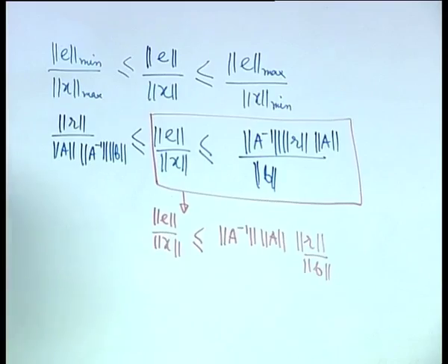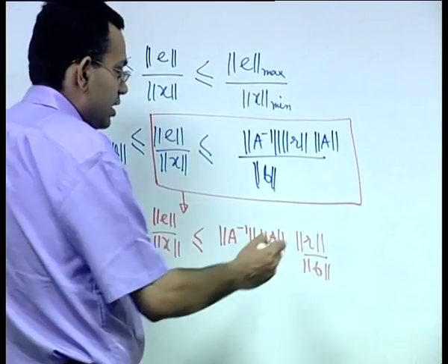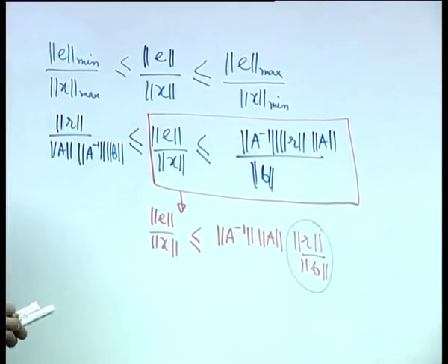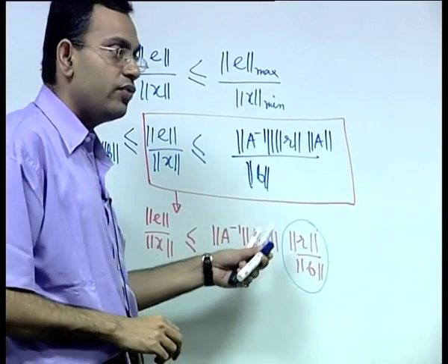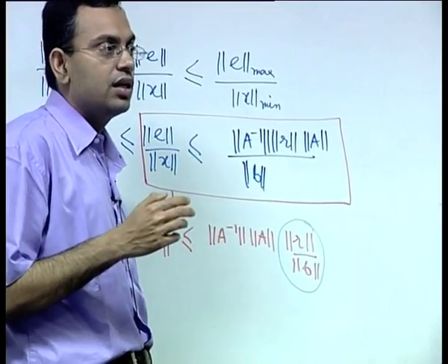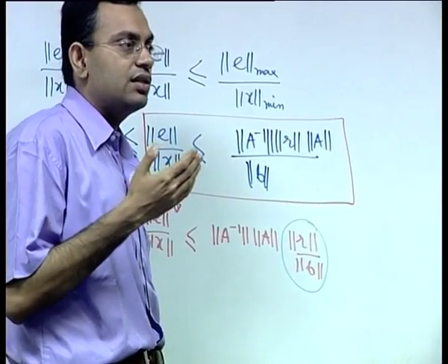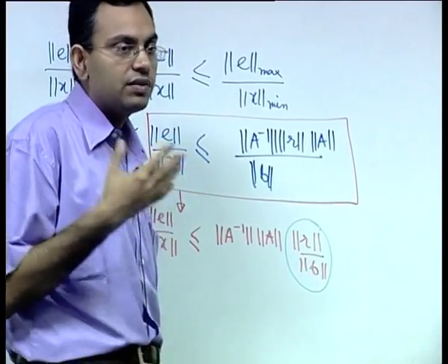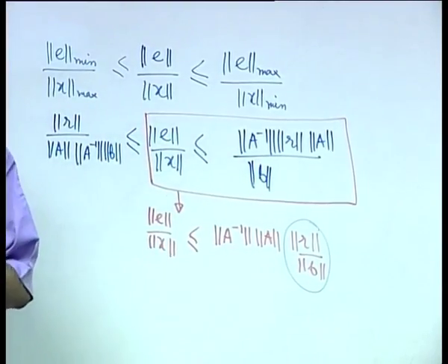We can conclude that even if you have a small norm of r by norm of b, where r is the residual, many times we test the accuracy of a solution in terms of the residual, because if the residual is 0 then it is accurate.